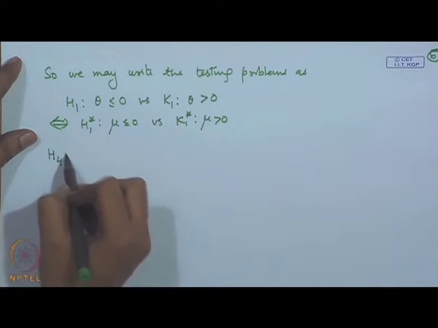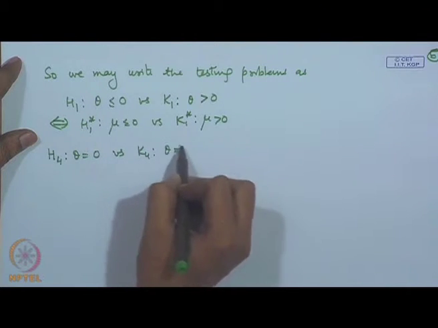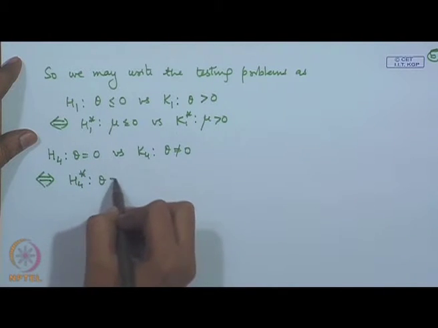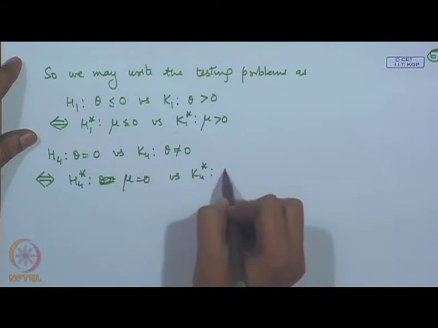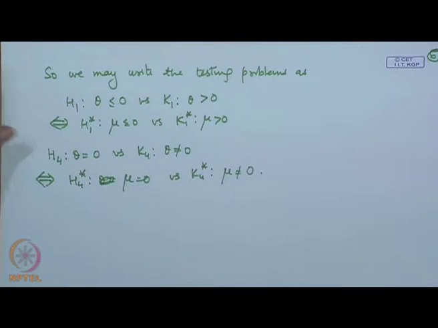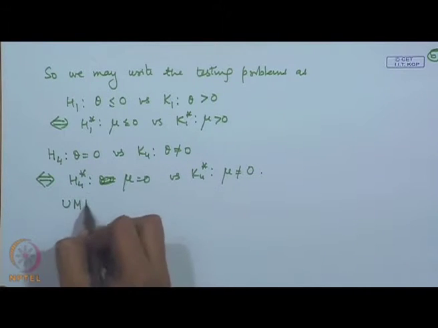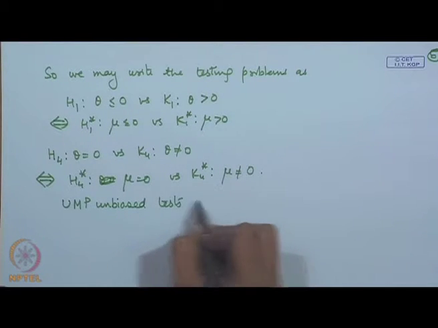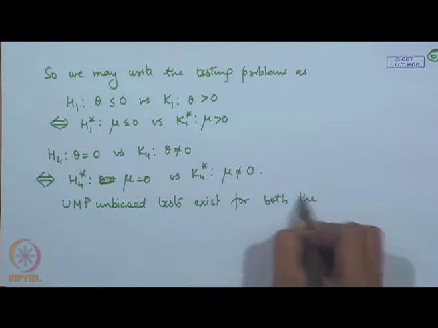Similarly, if I consider H4, theta is equal to 0 versus K4, theta is not equal to 0, then this is equivalent to H4 star, mu is equal to 0 versus K4 star, mu is not equal to 0. So, UMP unbiased tests exist for both the problems.